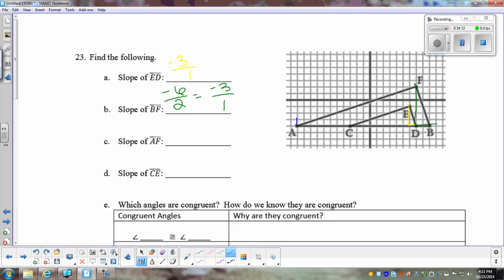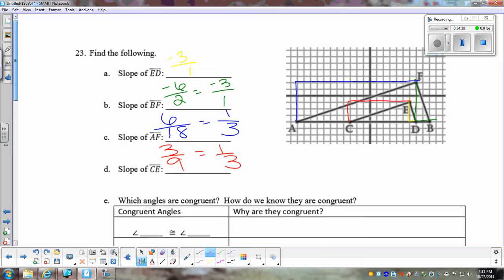For AF, I have to go up 6 over 18, which simplifies to 1/3. For CE, I have to go up 3 over 1, 2, 3, 4, 5, 6, 7, 8, 9. Up 3 over 9, which simplifies to 1/3.